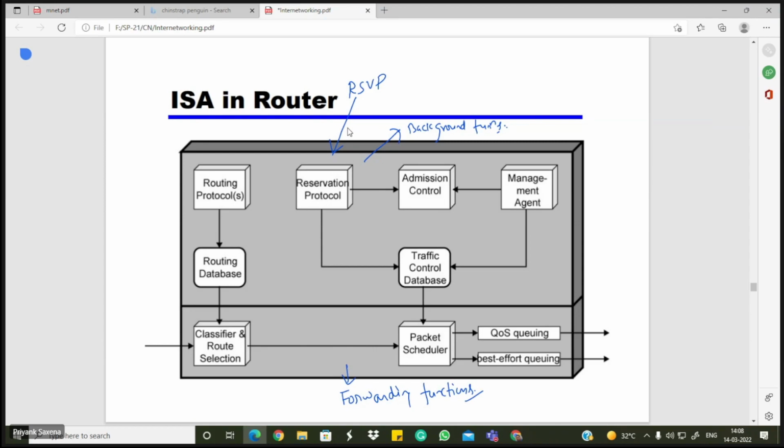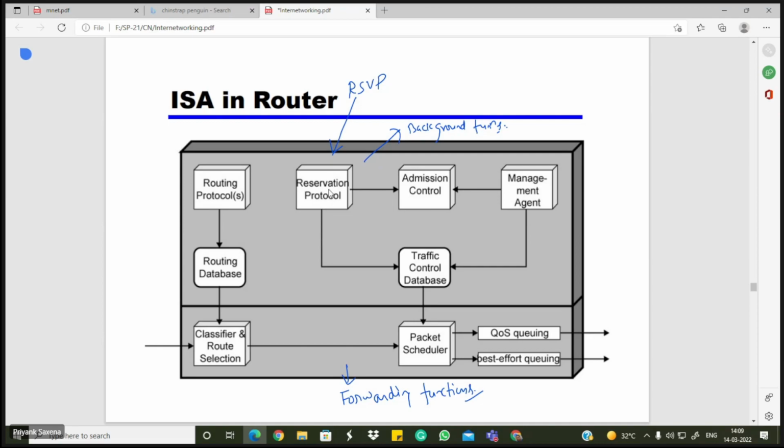Depending on the requirement, if it wants minimum delay, minimum jitter, minimum packet loss, there can be different characteristics that an application can demand. Some applications are happy even if some packets are lost; they are only concerned that the delay should be minimum. So depending on their requirement, they request the reservation of resources.